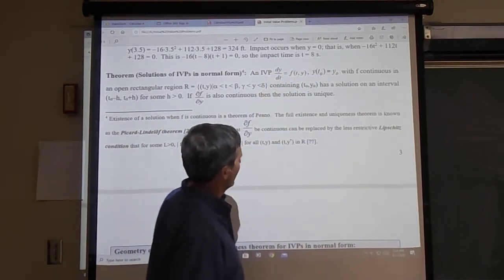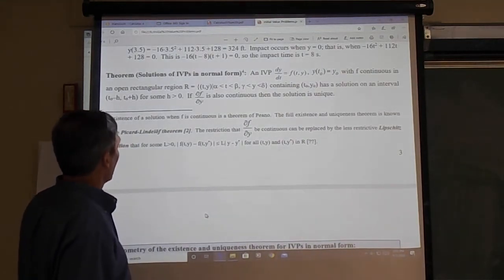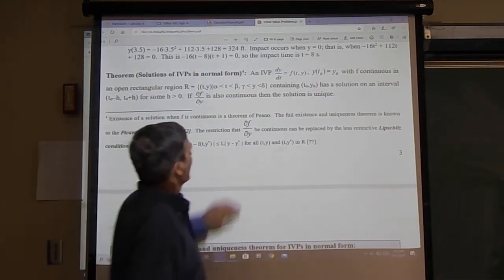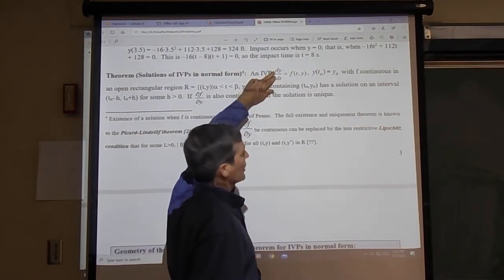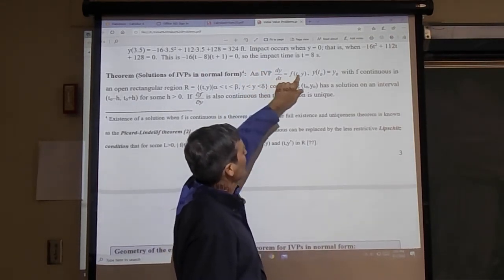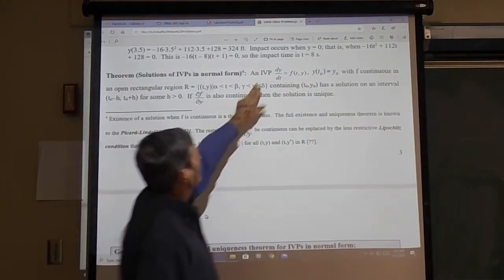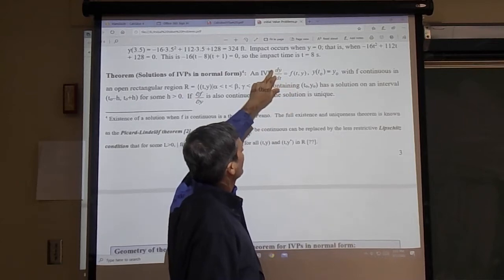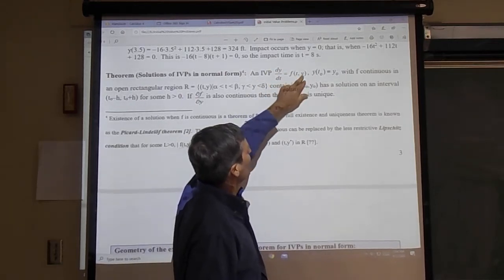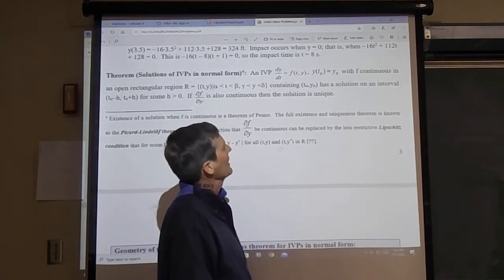This is a famous theorem, and it says that if you have a differential equation in normal form, we said this would be important: dy/dt equals a function of just t and y. So a first order equation in normal form looks like this, dy/dt by itself on the left and a function of t and y on the right, together with an initial value like we just did.